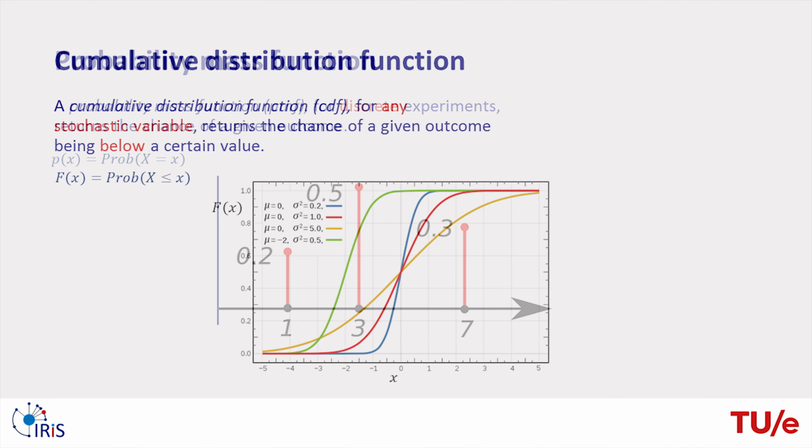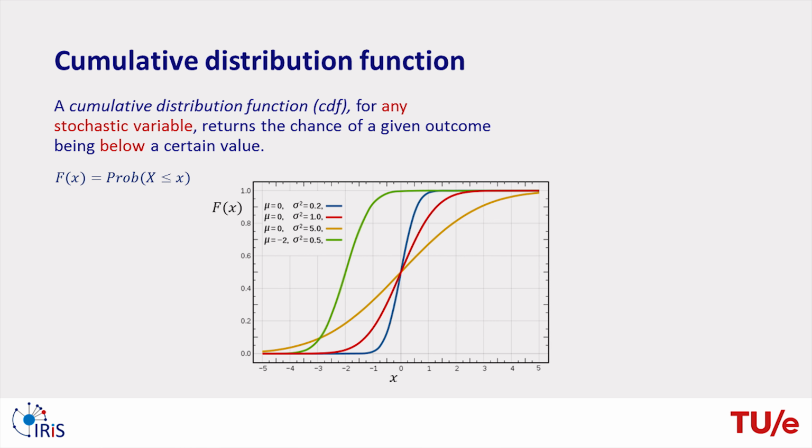On the other hand, if x maps omega to the entire real line, probabilities at single points tend to be 0, and in that case, we instead usually look at the cumulative distribution function, which is defined as the probability of finding a value below or equal to x.